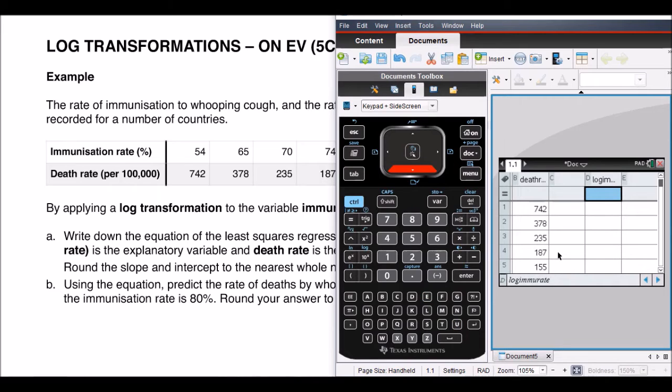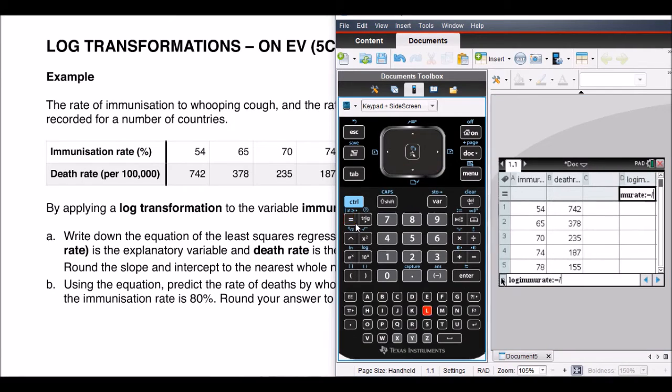Go down to the second row underneath it and press equals, then type log in brackets, and then the name of the EV, which I put down as ImmuRate. If you did it correctly, it should turn bold.